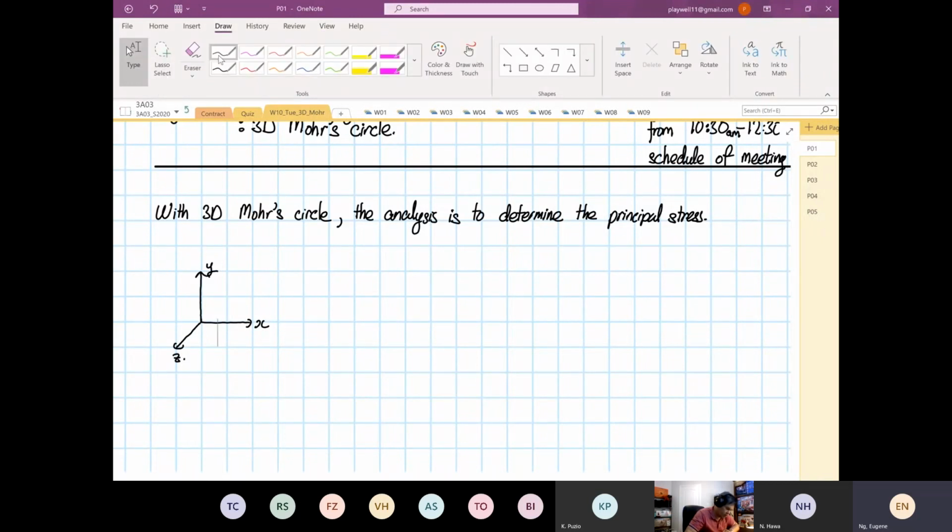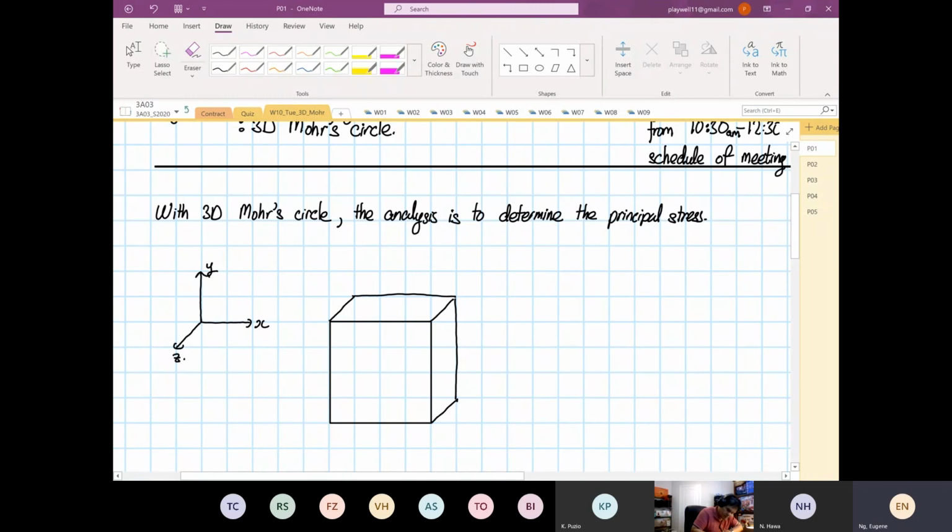This is our element. In our element in 3D, we have stress x, stress y, and stress in our z direction, and then we have our shear.